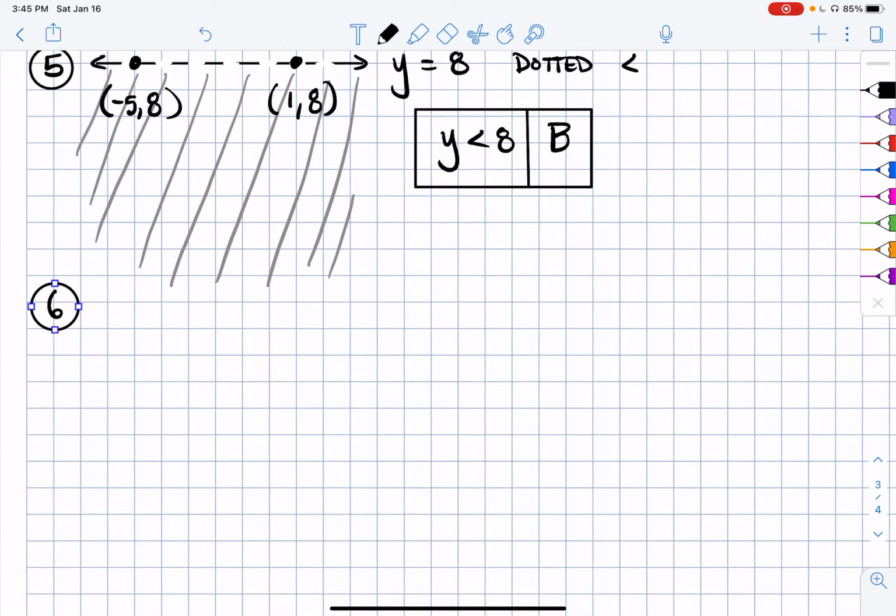Okay, so number 6 is the one that I changed the inequality for you because none of the graphs worked. And this is where you guys could use the choices to find the answer. But the problem is that on the lab work, I don't want you to use the choices. Now on the exam, feel free to do that.